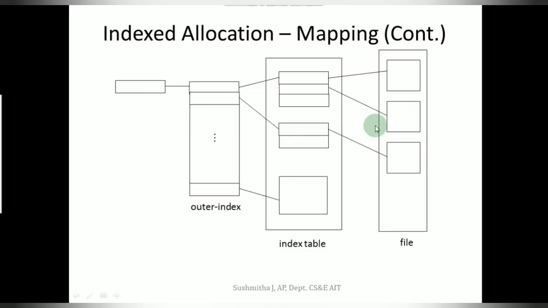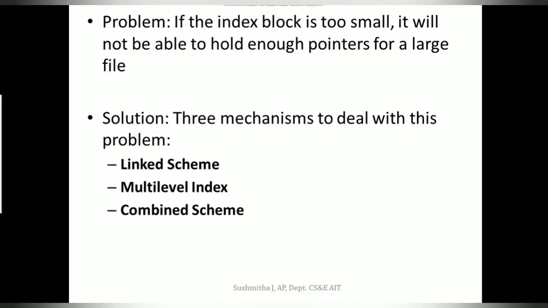This method can be extended to 3 or more levels depending upon the size of the file. If the file size is too large, probably the number of levels also increases. The next method that we have is the combined scheme.